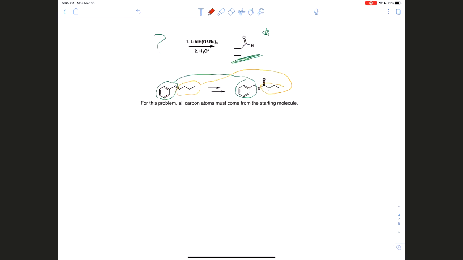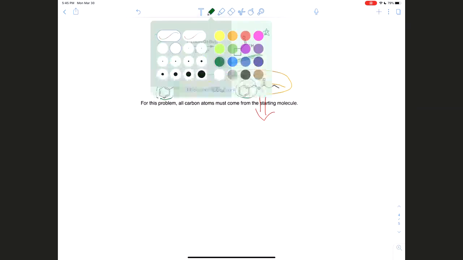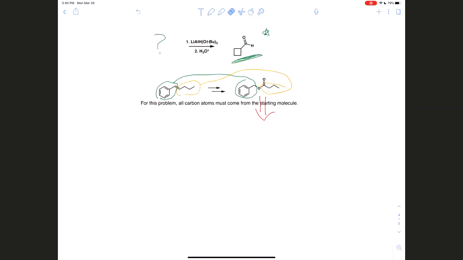And I do like the idea of doing a retrosynthetic disconnection, where we're going to go back to an alcohol and a carboxylic acid. This is the way I would join these together, and I would use DCC to do this.